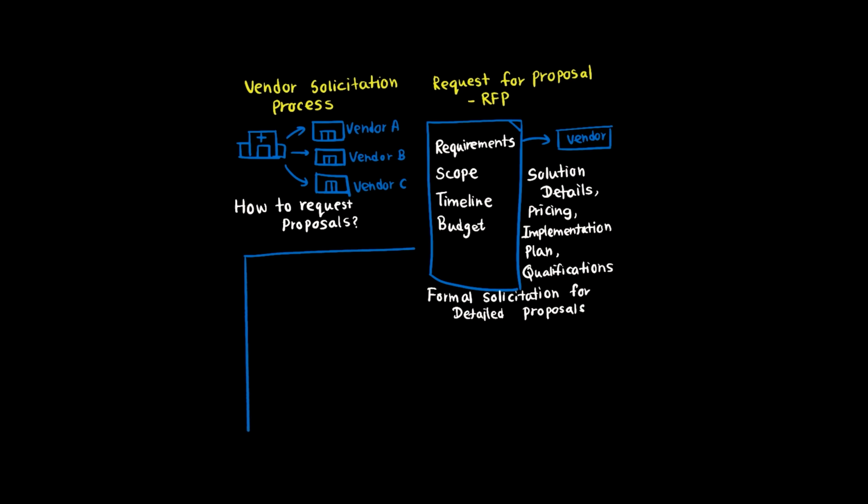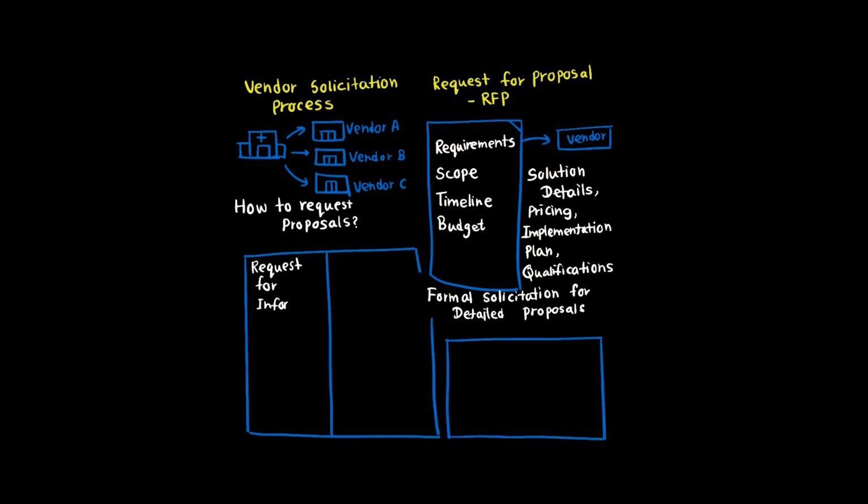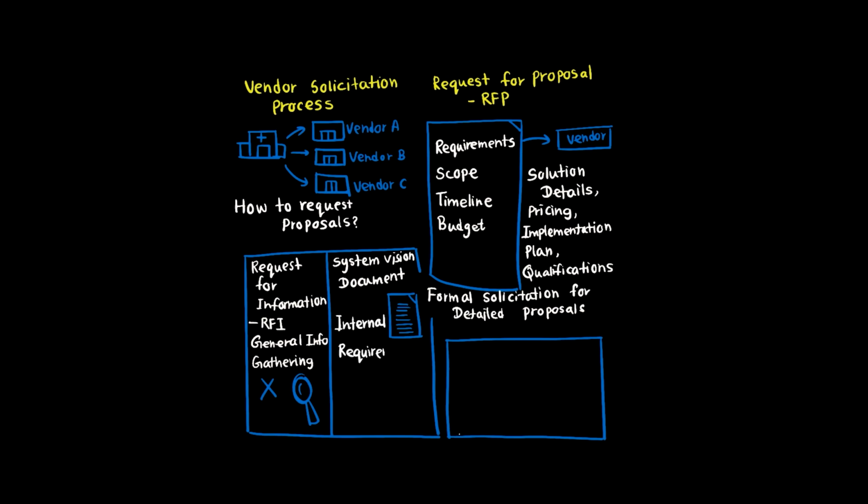This is different from a request for information, which is more exploratory. You're just gathering general information about what's available in the market. System vision documents define your internal requirements, not vendor solicitations. Project charters authorize projects. But RFPs are those formal procurement documents that say, we know what we need. Now tell us how you'll provide it and what it will cost.